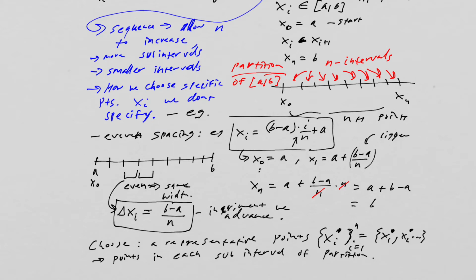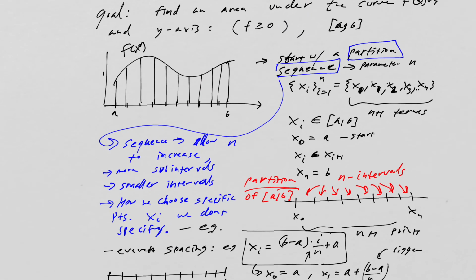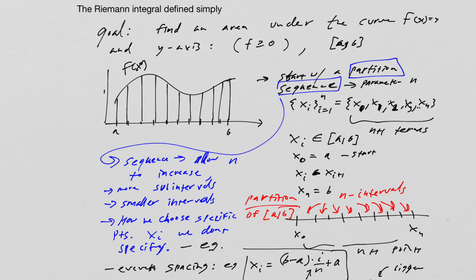Okay? And if I put that up on my graphic, I'll do this in a different color. First, there's my x1, there's my x2, x3, all the way up to xn up here. And now in blue, I'm going to pick some representative point. That'll be x1 star, and here it could be x2 star, x3 star, and so on.